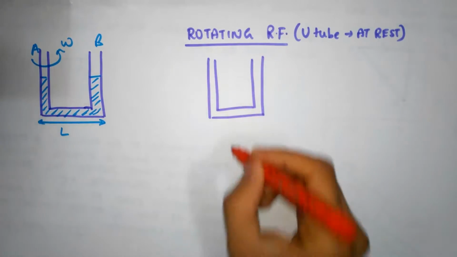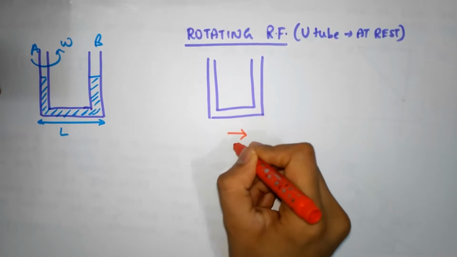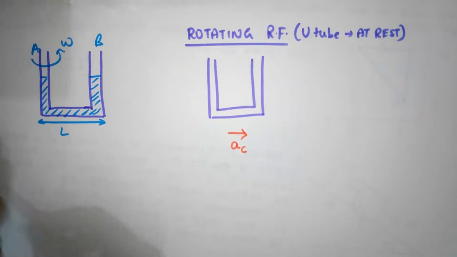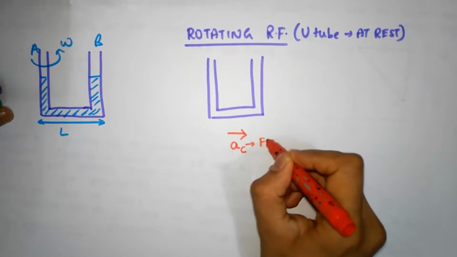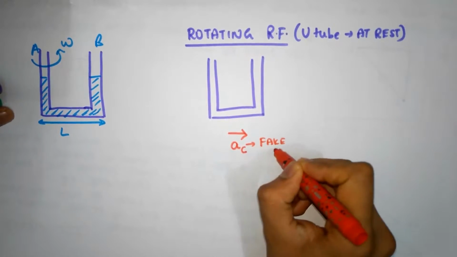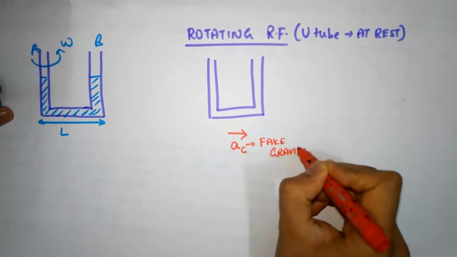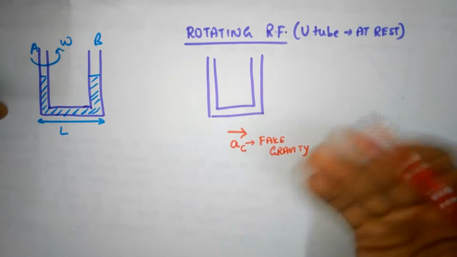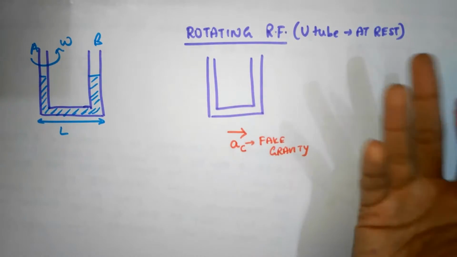So it's going to be this way. So this will be the direction of the centrifugal acceleration. Okay, this acceleration pretty much acts like fake gravity. So in the rotating reference frame, this pseudo acceleration is going to do everything that any normal gravitational field does.